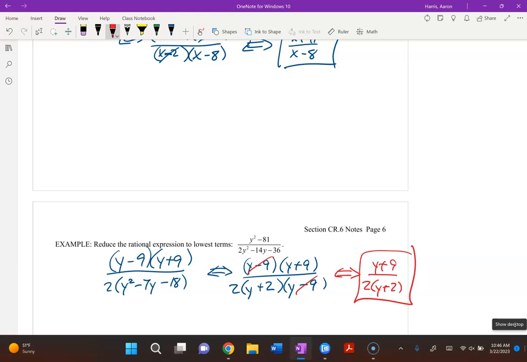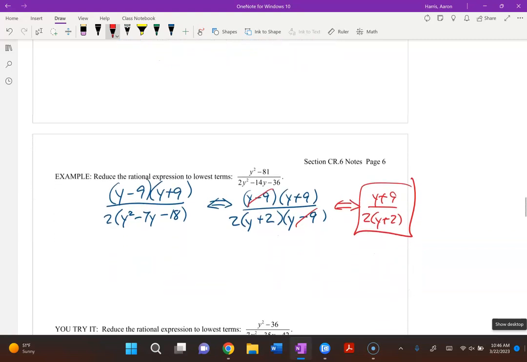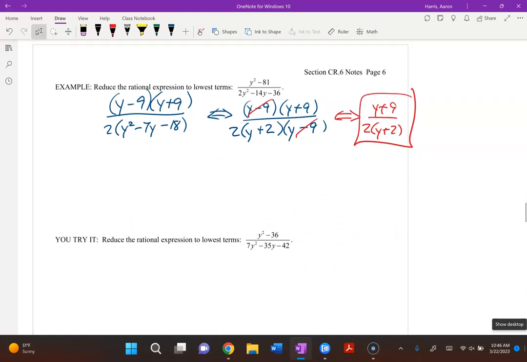It doesn't matter if we have to go back to 2y plus 4 for when we put our answer in. Yeah, it'll accept either one. Yep. Yeah, so you can just leave it right there. Have you guys try this one.